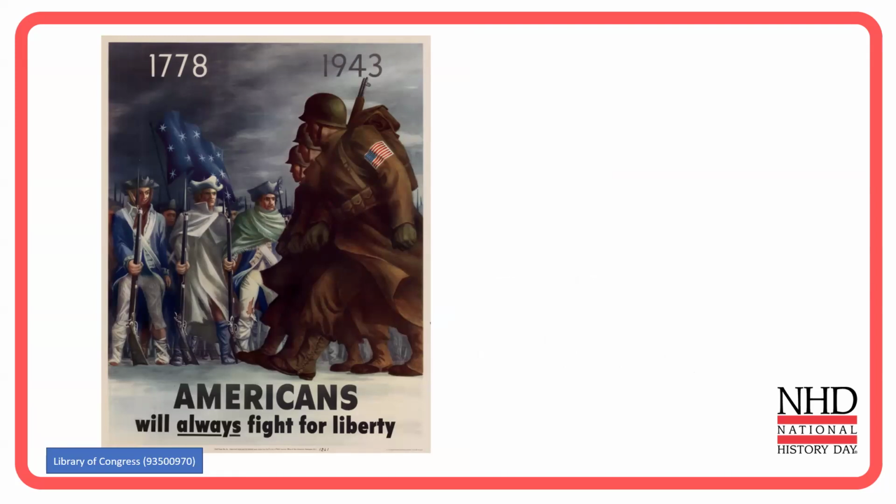It's a 1943 poster that has a triumphant and inspirational message that American GIs are marching off to war in Europe, just as their predecessors in the Continental Army, 150 years previous, had done, because that's what Americans do. Americans fight for liberty. And so it has this very positive, inspiring message.